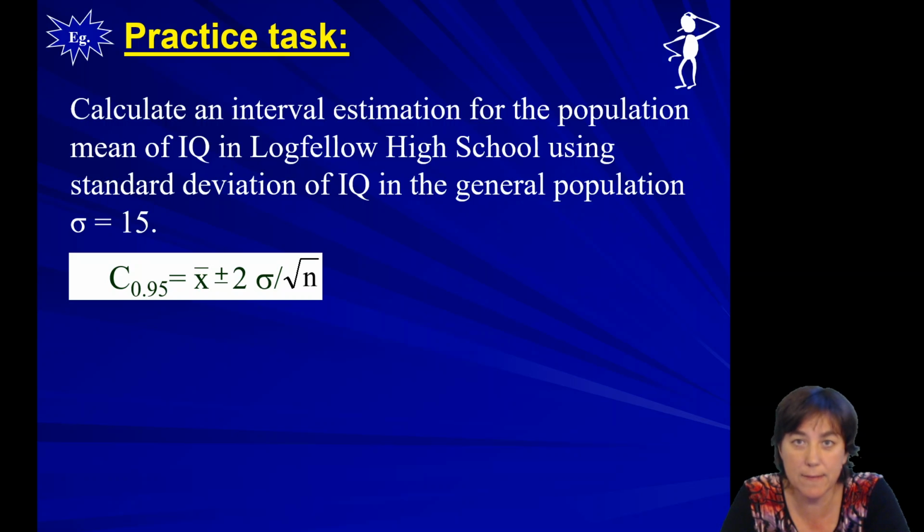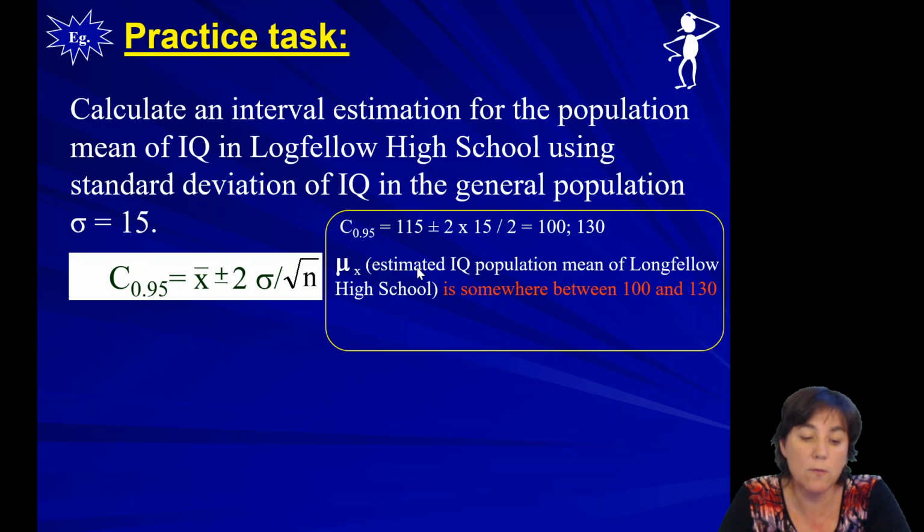So let's do our practice task again using interval estimation. Here we also have to introduce that sigma, the population deviation, is 15 IQ points. We know that because that comes from how the IQ is set up. It revolves around 100, the standardized mean, typical of the population, and the standard deviation is 15 IQ points. Using that information, we can set up this confidence interval for the Longfellow population.